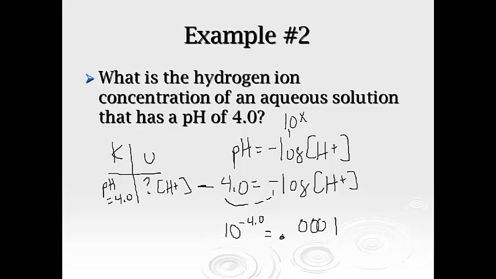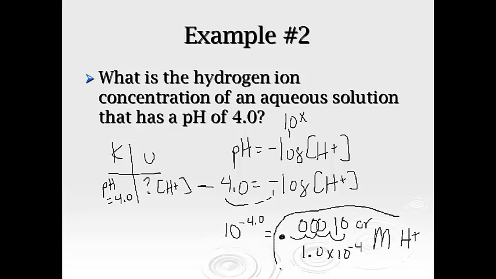Now we need to have 2 sig figs, so I either have to add a 0 after that, or do 1.0 times 10 to the negative fourth, and our unit is molar hydrogen ion. So that's it. We'll do lots of problems in class, so I'll be able to help you with the calculator, but you need to be ready with your scientific calculator, and make sure you ask questions in class if you need help.